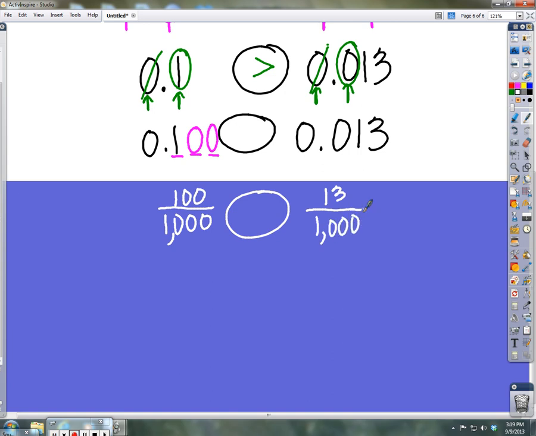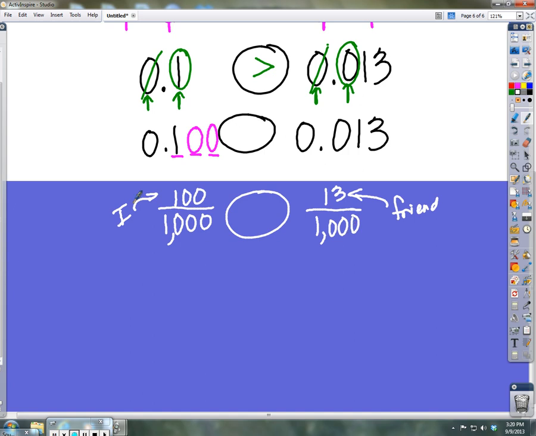Here's one way you could interpret this. If I had a bag of M&Ms that had 1,000 M&Ms in it, and my best friend had the exact same size bag, and it also had 1,000 M&Ms in it, I ate 100 M&Ms out of the bag. My best friend ate 13 M&Ms out of the bag of 1,000. So who ate more?